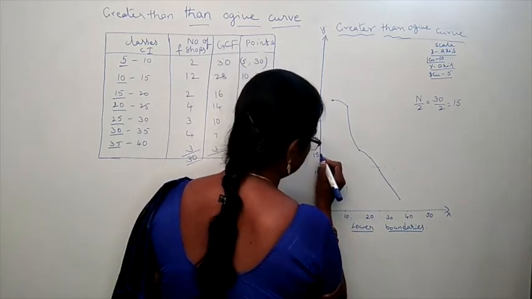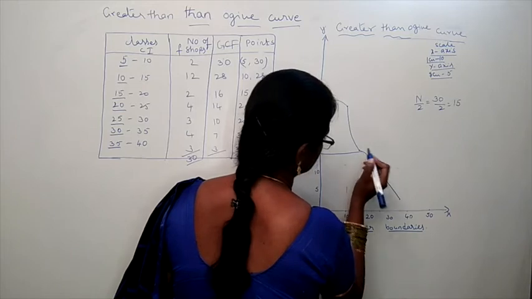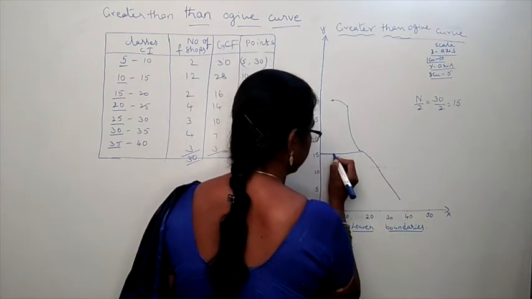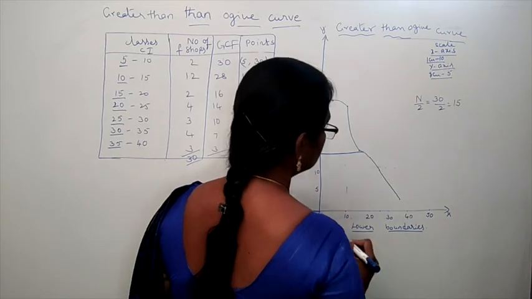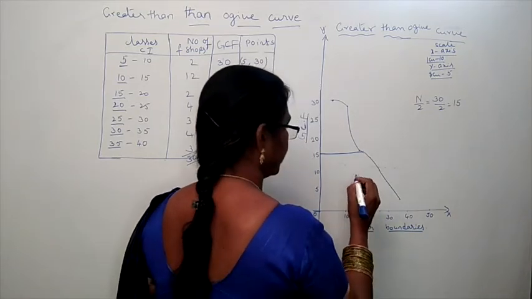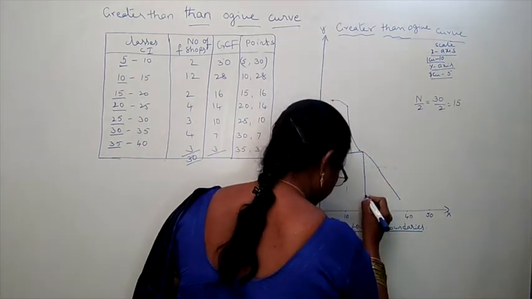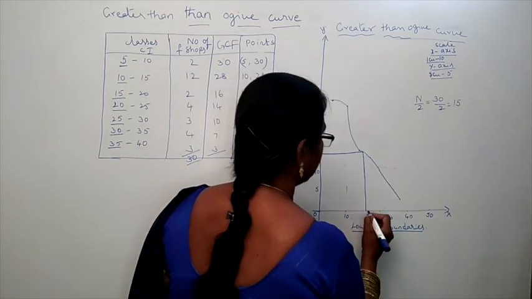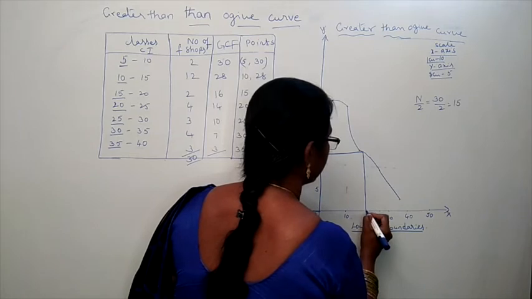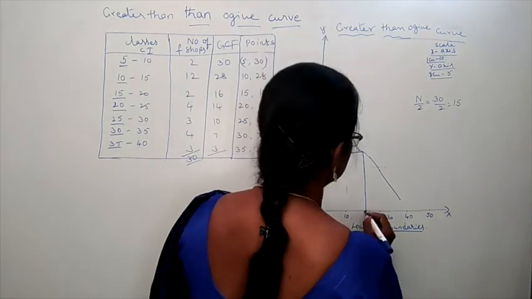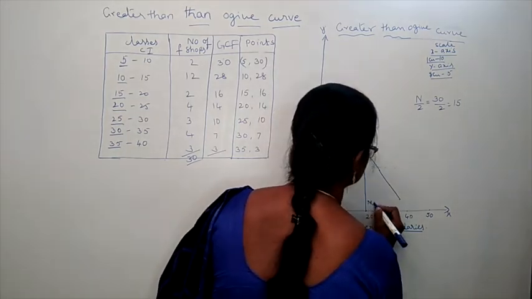Then you have to draw a line from 15 to the curve. Then from that point, draw a perpendicular to the x-axis. That intersection point is the median. This point is the median.